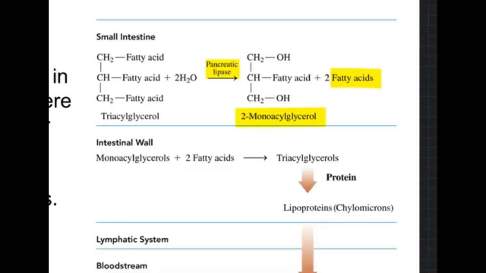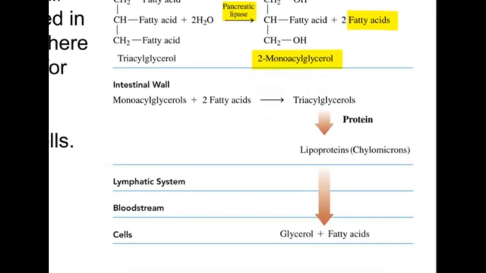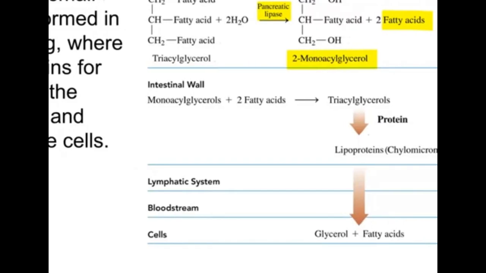These parts of triglycerides are transported into the cells of the intestine where they recombine. It's like you're moving some big item in your house, and you have to partially disassemble it and then assemble it back.